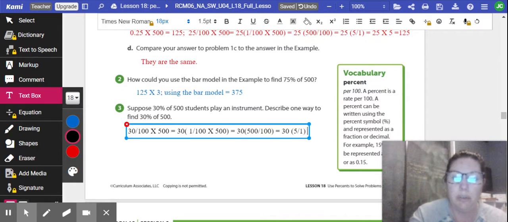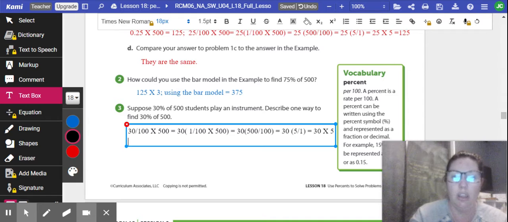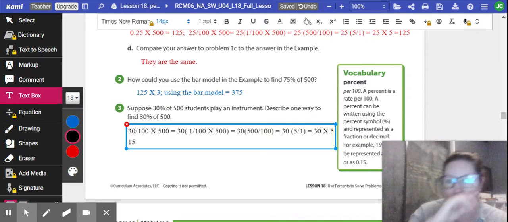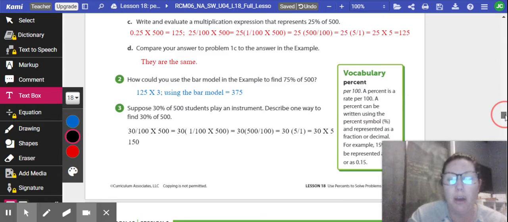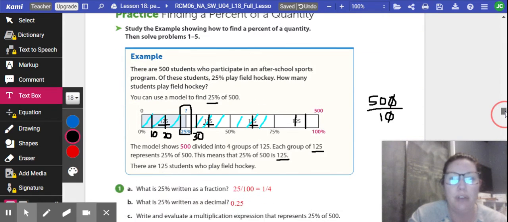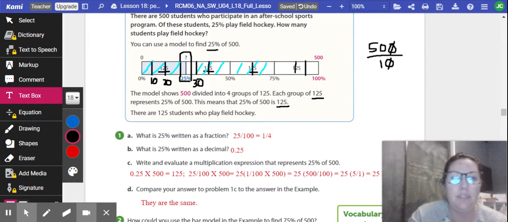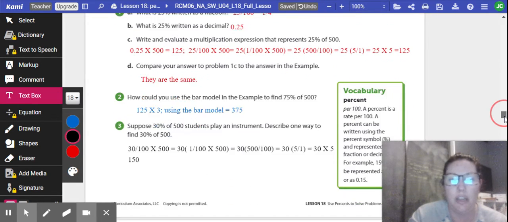So what we're dealing with here is 30 times 5. All right, what is 30 times 5? Well, I know 5 times 3 is 15, and then we have a 0 at the end, so 150, which is exactly what we got when we looked at the bar model, because it was 50 plus 50 plus 50, which is 150.